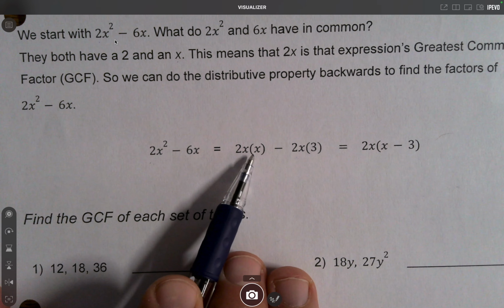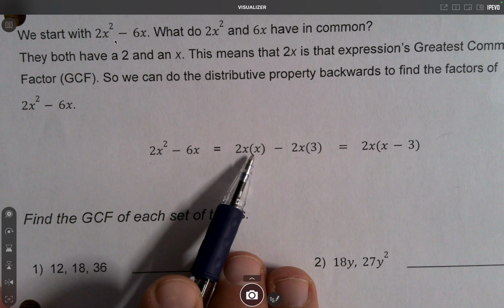I'm going to give you a second to look at that, to make sure you follow what I'm saying. We're factoring out, which is kind of like dividing. The distributive property is multiplying, so factoring is kind of like dividing, because we're saying both of these have a 2 in them, both of these have an x in them. So I'm going to divide this by 2x by pulling it out front.